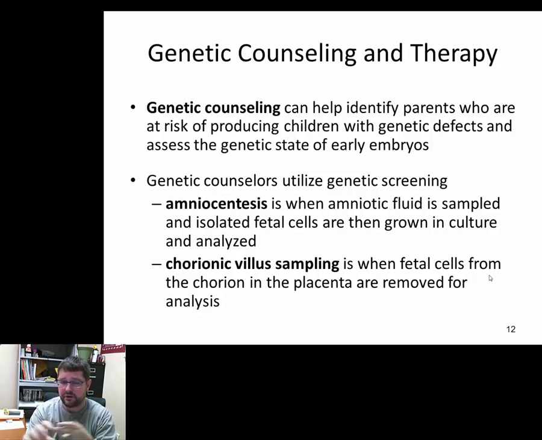Can we bring him in? Especially if the mother doesn't want to do an amniocentesis or villus sampling. They'll bring the father in, do a little blood, and they'll say, well, okay, you're a carrier, the father's not a carrier, so your child has a 50% chance of being a carrier, but it's probably not going to develop cystic fibrosis or whatever it might be.